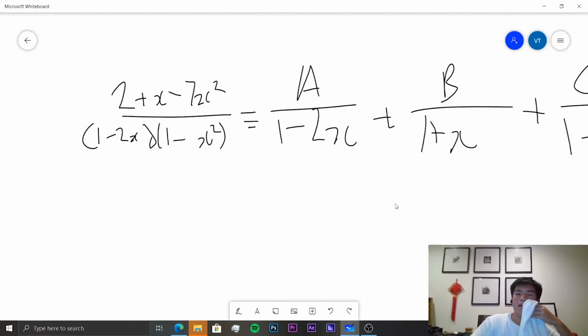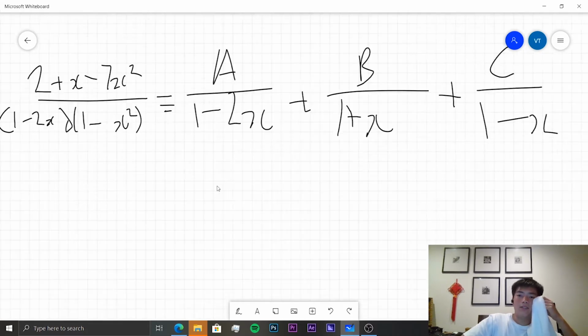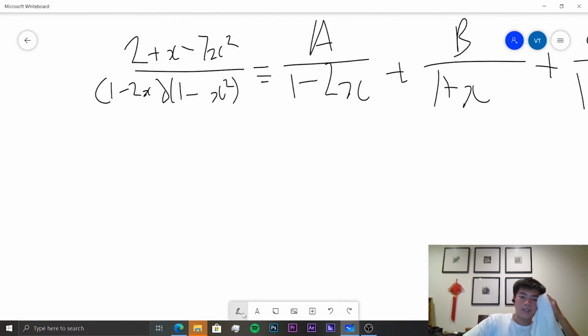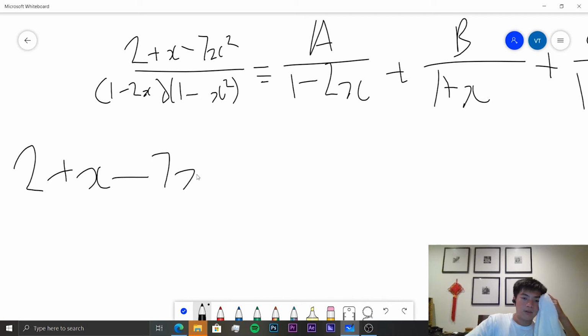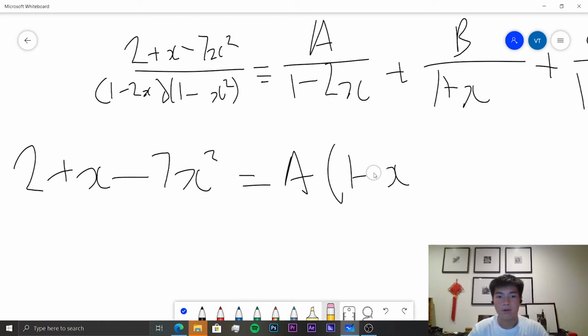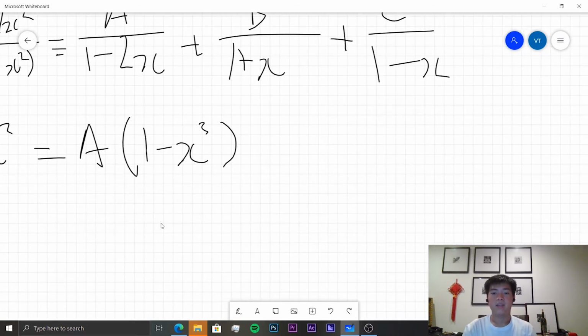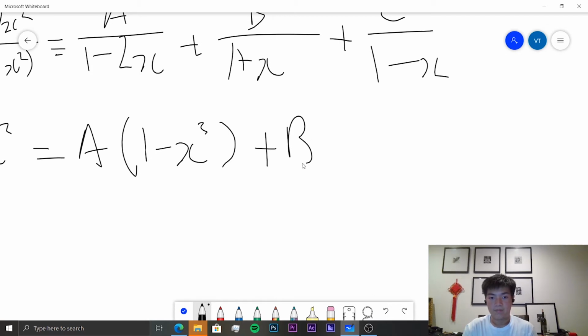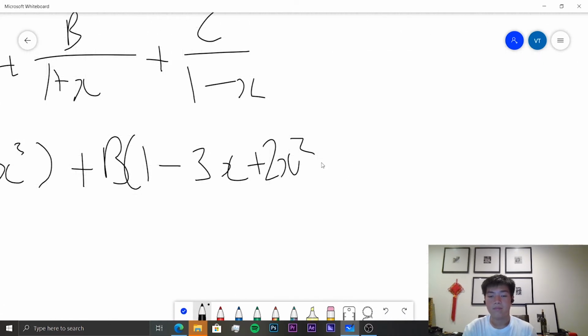And this is usually quite a hard problem, because what we have to do is we have to say, okay, 2 plus x minus 7x squared is equal to a times 1 plus x, well, times really 1 minus x squared, if we're multiplying everything by this denominator, plus b times 1 minus 2x times 1 minus x, which is 1 minus 3x plus 2x squared, and then plus c.